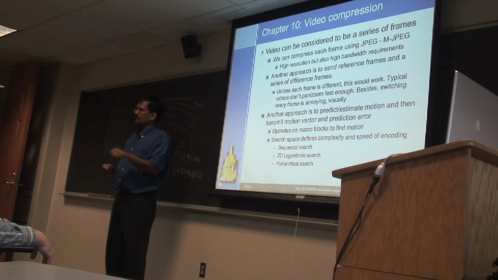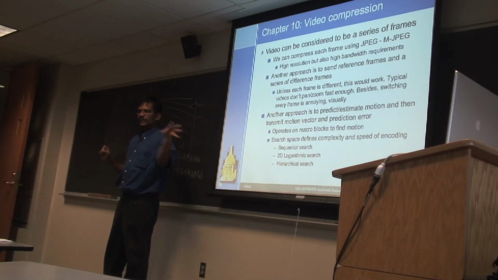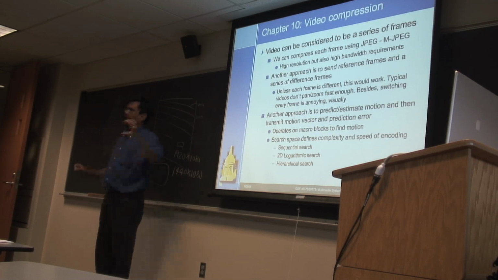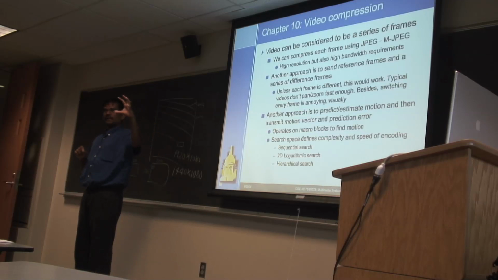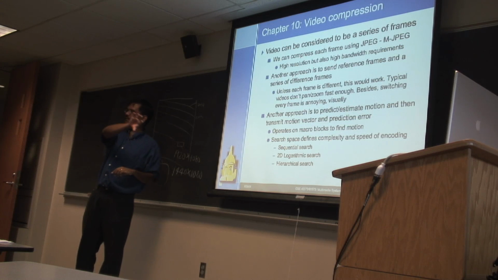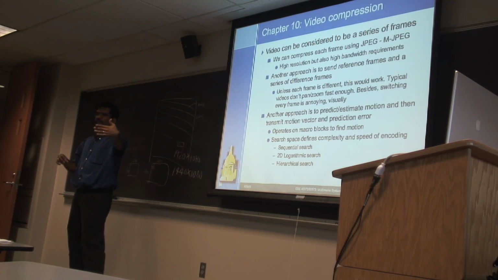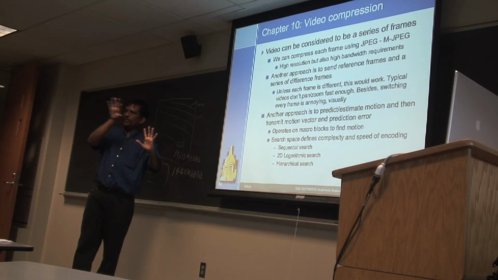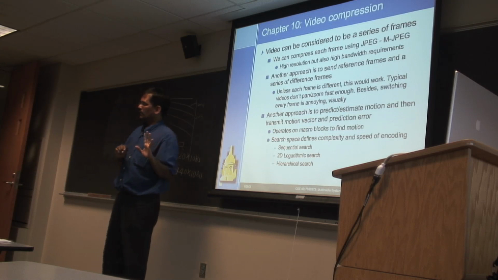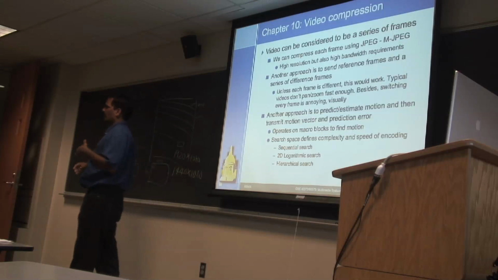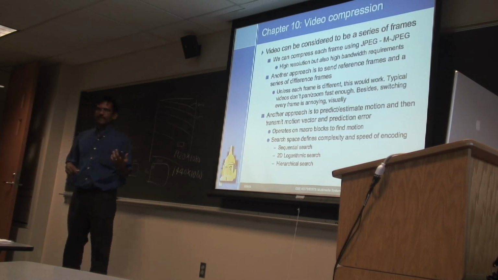They don't change as if there are dots coming on and off. Things move across the scene, which means an object which was here gets translated in a nice fashion. So if I can figure out these translations, I can send them to you, and you render it again. You say, I had the original image, I move the objects to a new location, and whatever was left over, I fix it, right?